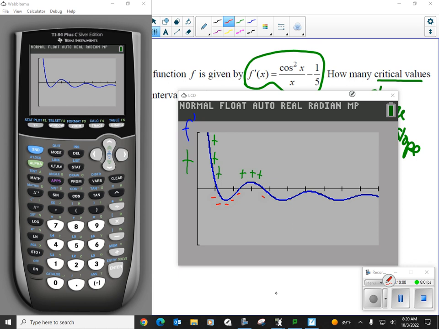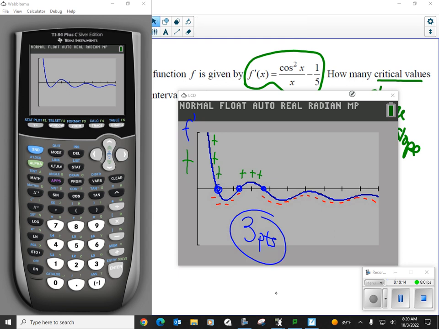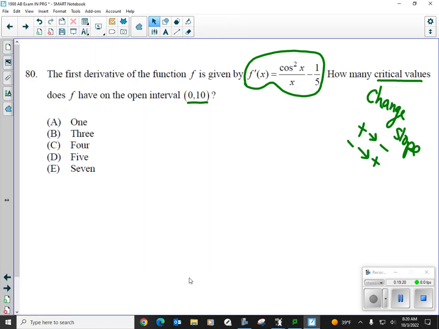Right here is a third change, but then it never changes again. There are 3 points here, here, and here. I don't know what the x values are, but it's not asking me what the x values are. It's just asking me how many. So the answer is 3. There are 3 critical values.